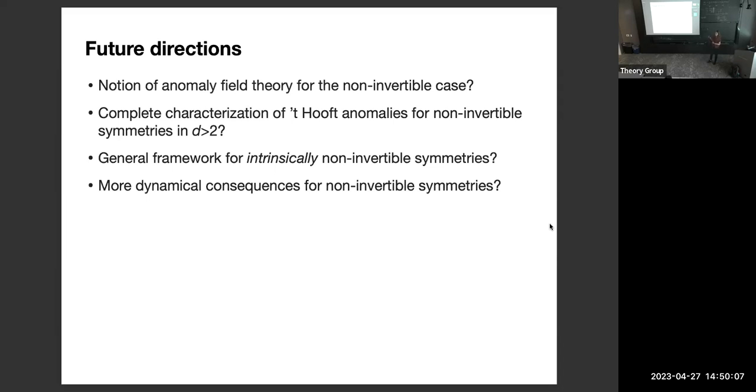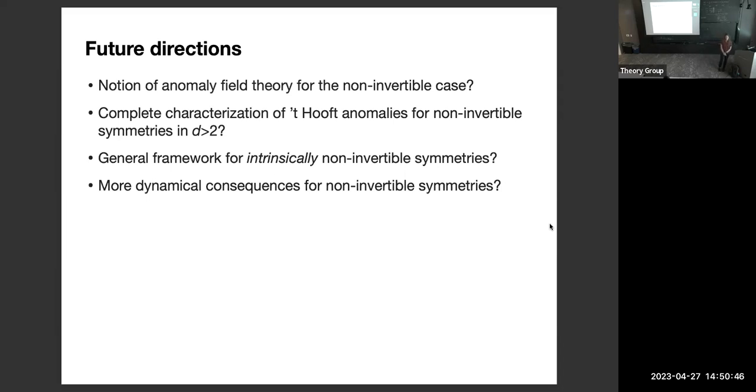I can't probe all anomalies this way, and it's not sufficient and necessary. Doing the hard work of a full characterization in higher dimensions depends on a lot of details that I didn't have to care about because I was only looking at this one criterion. A lot of things get more complicated for these non-invertible symmetries between 2 dimensions and higher dimensions. I could be sort of glib about them in this talk because this condition can sidestep those subtleties, but you really need to care about them if you want a full characterization. So that's kind of why.